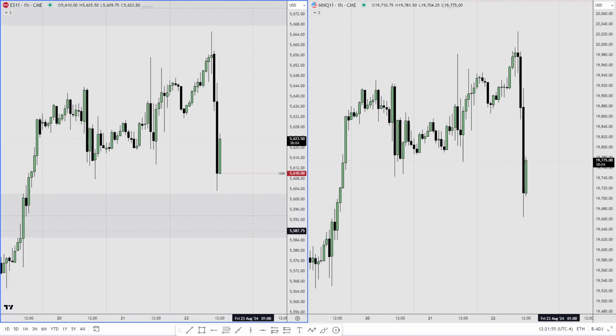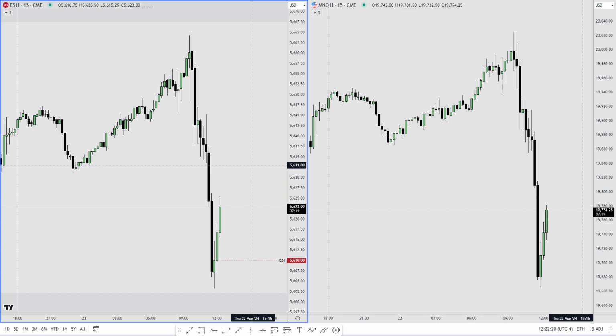Overall high time frame bias is still bullish. But you would want a 1 hour candle to run below lunchtime. I think that would be nicer as a setup.